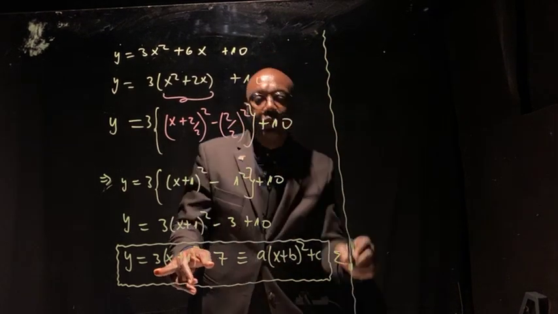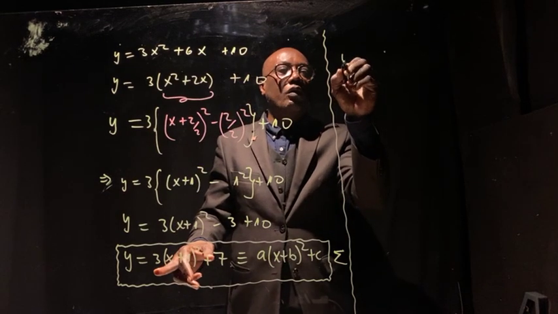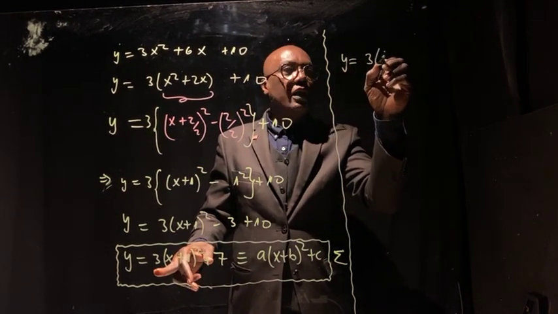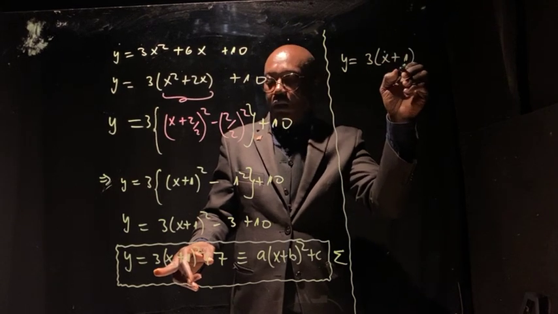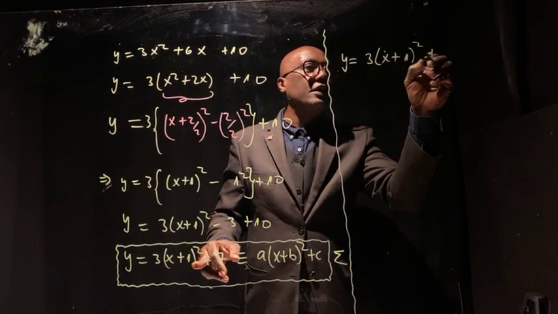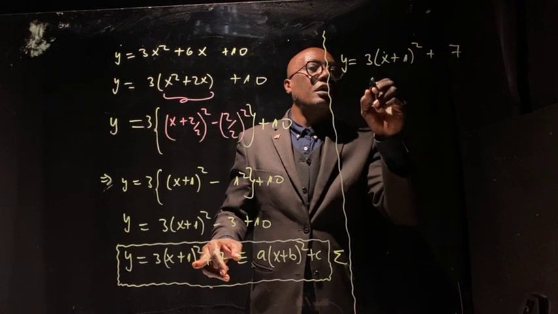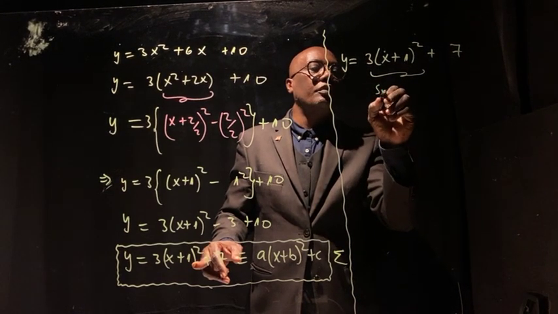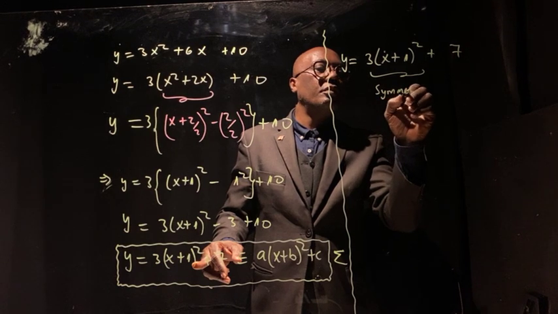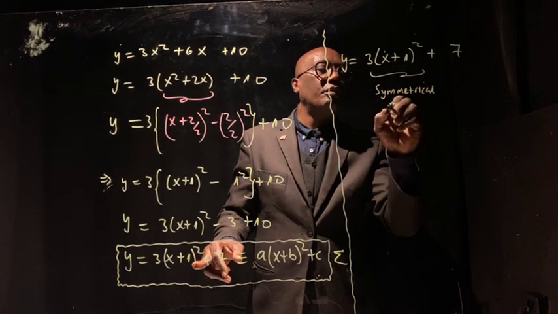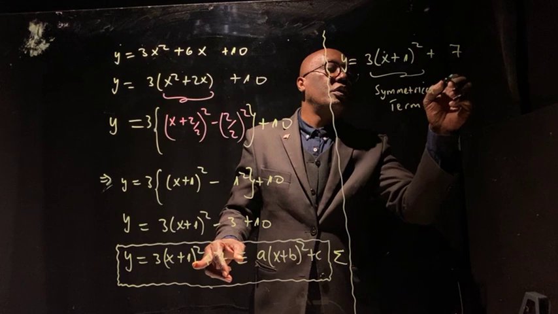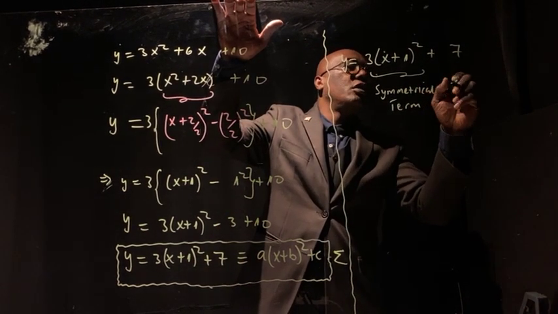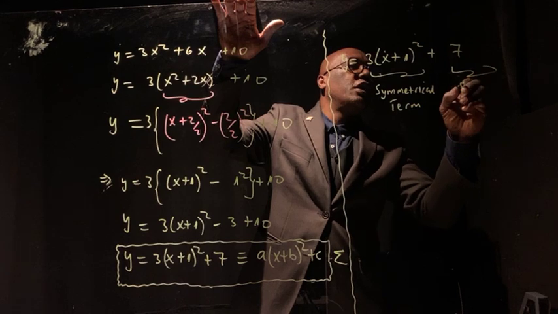From equation sigma, we find that y in fact equals 3(x plus 1) squared plus 7. This one is called the symmetrical term. And this term is called the y minimum term.